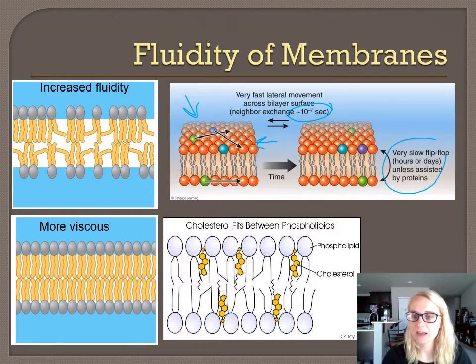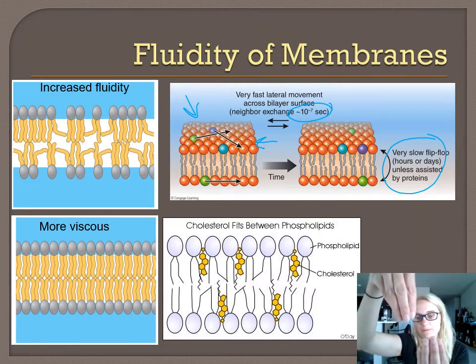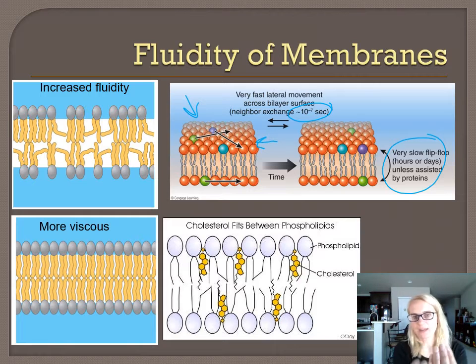Now this example here, if we were to take a phospholipid and flip it over to the other side, that does not happen very often. So if you'll notice, it's very slow flip-flop: hours or days. It might be assisted by proteins, but what that would mean is this hydrophilic, say the positive or the negative side, would have to travel through the hydrophobic layer.